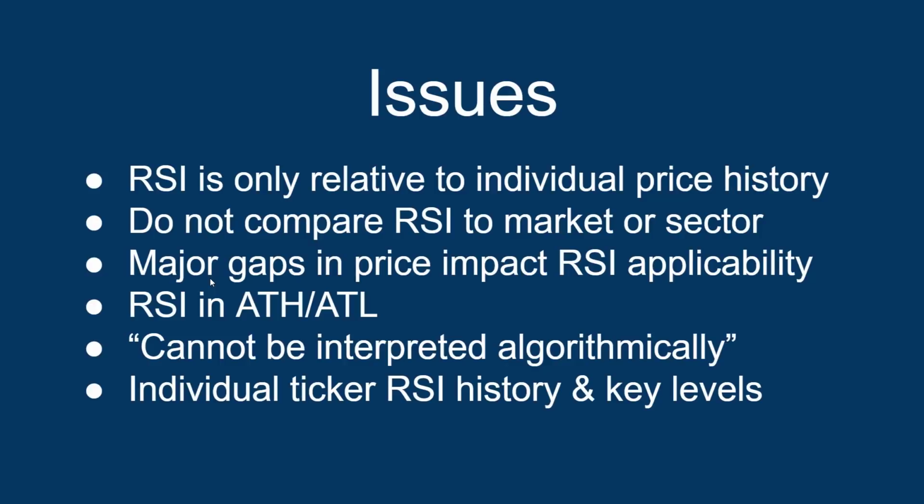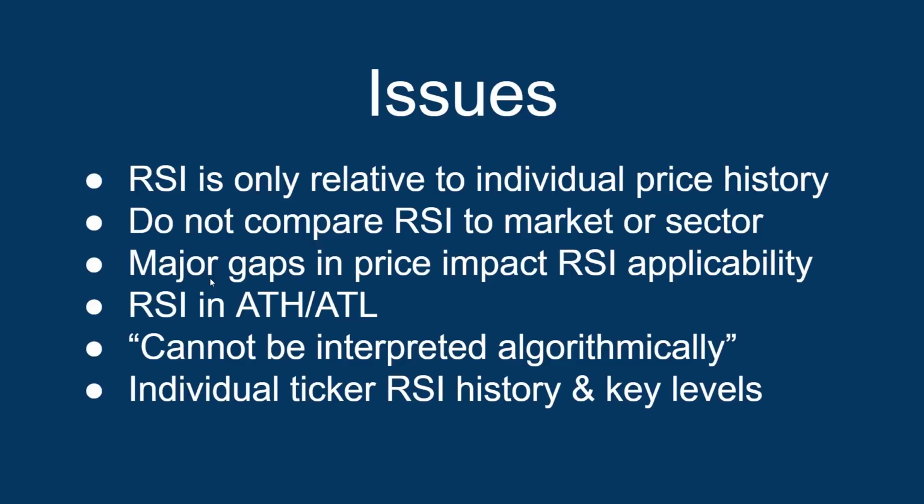Another issue with RSI is that it can't be interpreted algorithmically for some of the reasons I mentioned above, but also because there is a lot that goes on with RSI relative to a lot of other indicators. If we are looking at RSI, we always need to be looking at trends, we need to be looking at price action, and we need to be looking at things like our MACDs. We need to be looking at our higher lows.